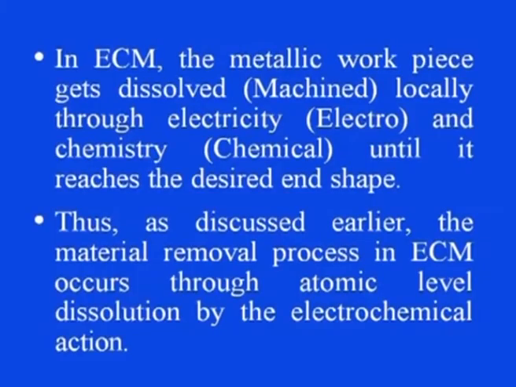In electrochemical machining, the metallic workpiece gets dissolved, which we call in manufacturing as machined, locally through electricity and also chemistry, that is chemical reactions. Electrical dissolution and chemical reactions both are present in this process until it reaches the desired shape.